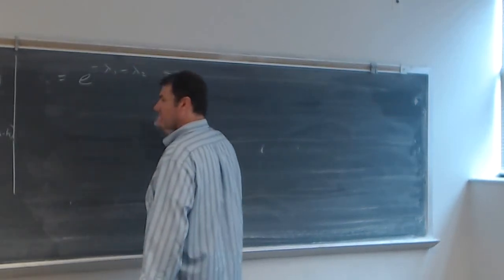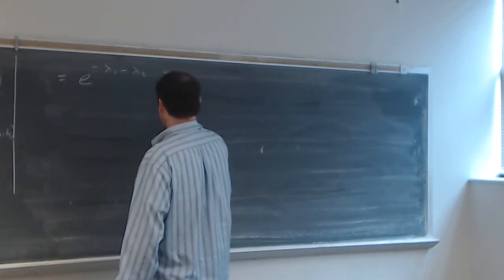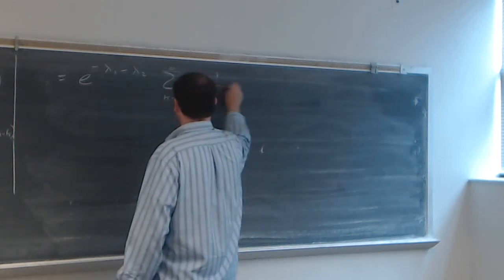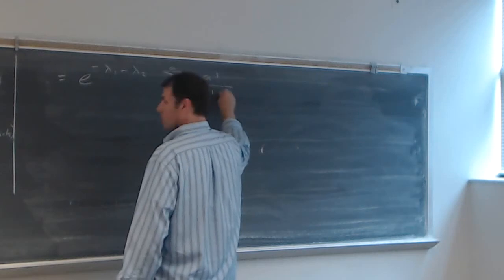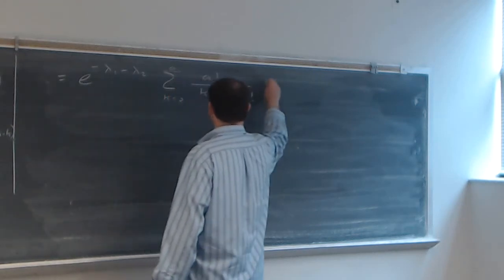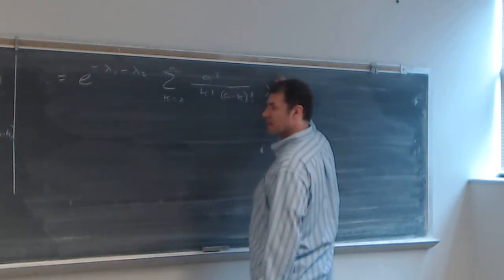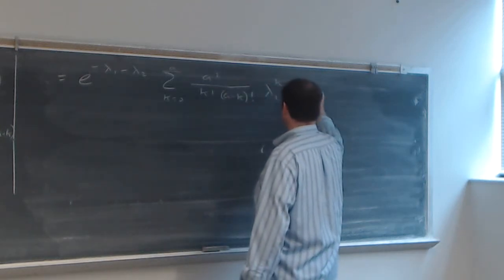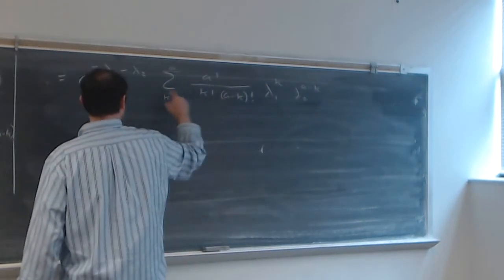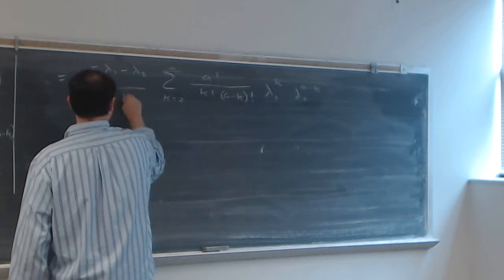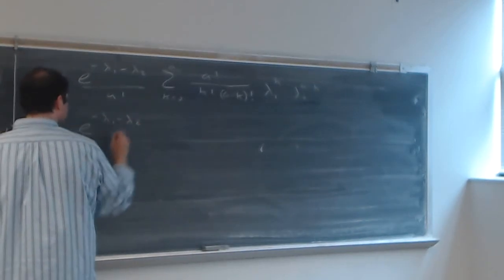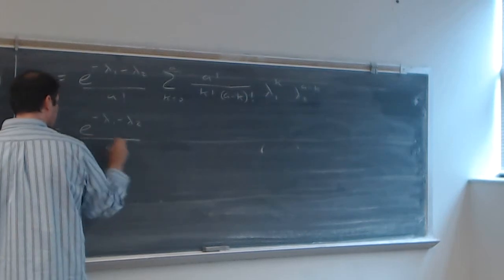This is the sum, and this will be k equaling 0 to a. And what I'm going to do is put an a factorial over what we have. So k factorial, a minus k factorial, and then I have lambda 1 raised to the k, and lambda sub 2 raised to the a minus k. But I've stuck in this a factorial, which is a constant, so I'm going to divide by this a factorial here. This is equal to e to the minus lambda 1 minus lambda 2, all over a factorial.